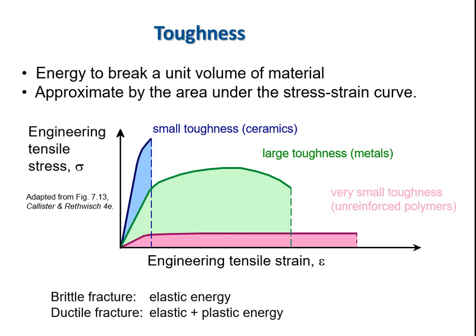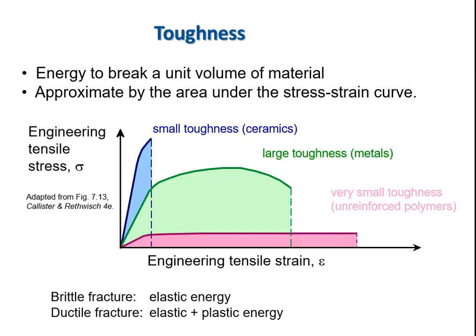And so that would be shown again by the difference in yield stress, yield strain, if we're integrating over strain, which actually overlaps with the blue dotted line representing the fracture strain for our ceramic material above it. But the triangular portion of our green stress strain plot, the area under that green stress strain plot, would be the elastic energy absorption by our metal, and then the remainder, the much larger portion of the area under the curve, would be the energy associated with moving dislocations and plastic deformation.